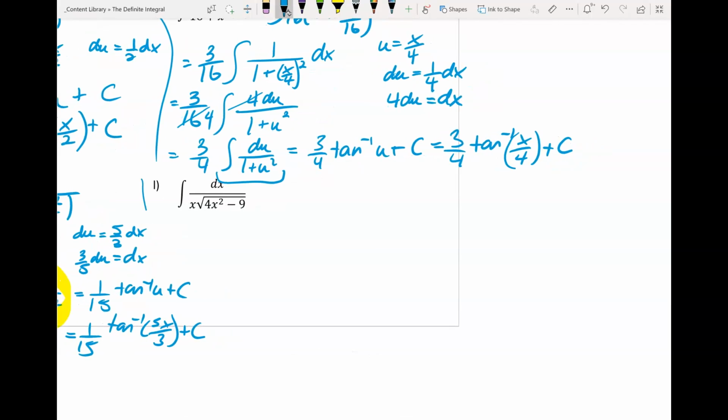Our last question. This one looks like the secant inverse x, because we have an x in front of this square root. I'm going to begin by factoring out the 9. Not the 4, but the 9, because it has to be that constant number.